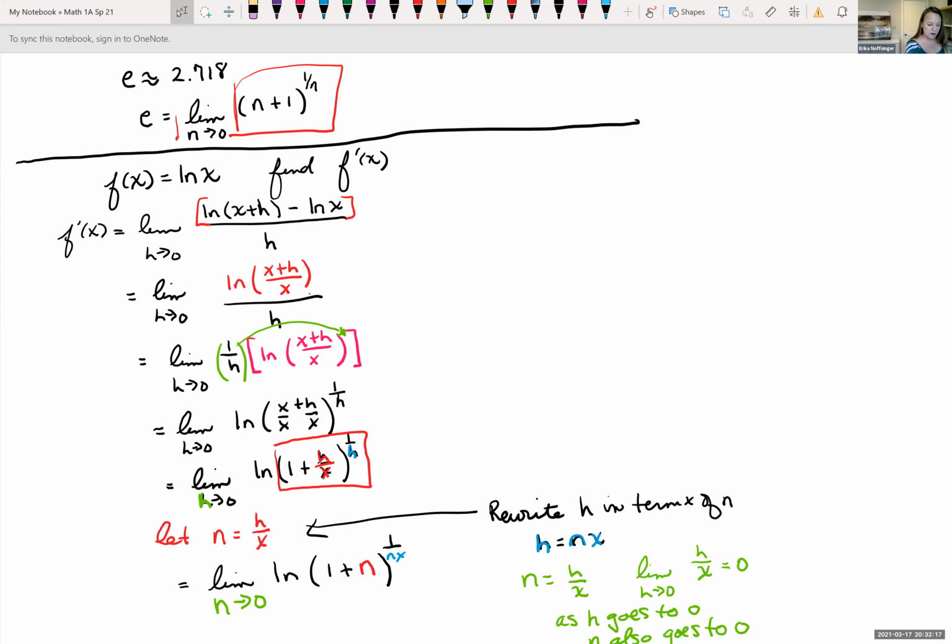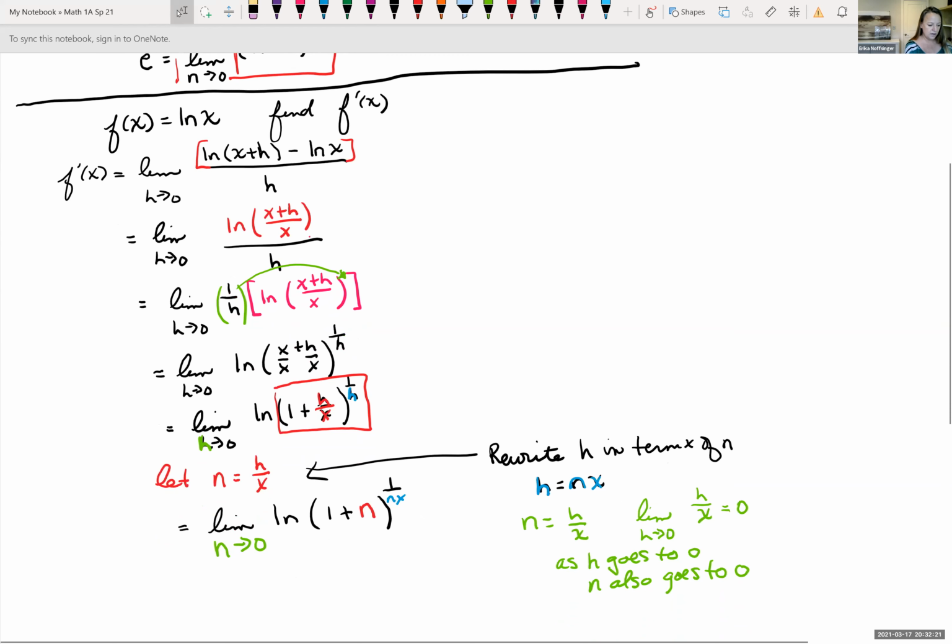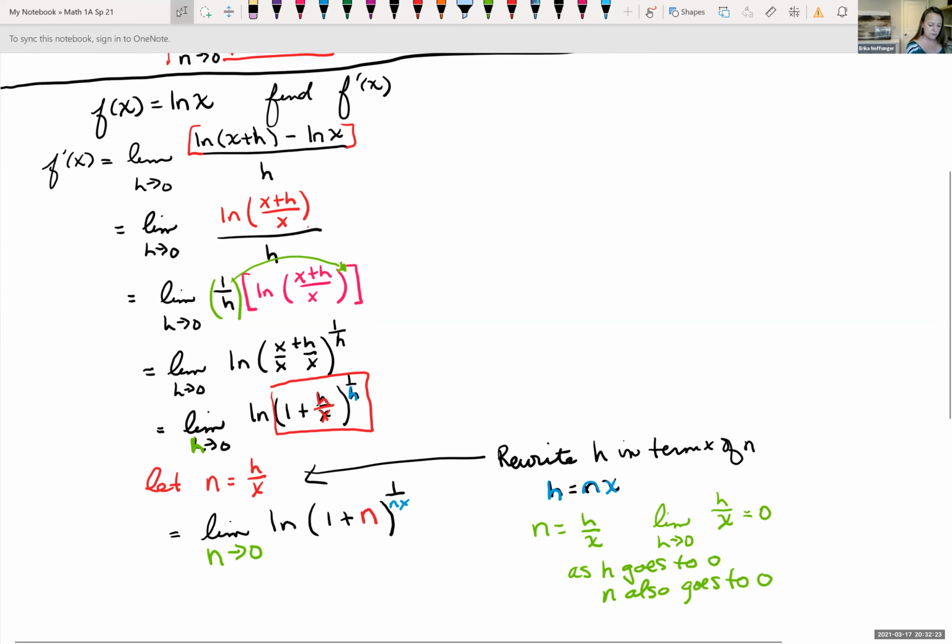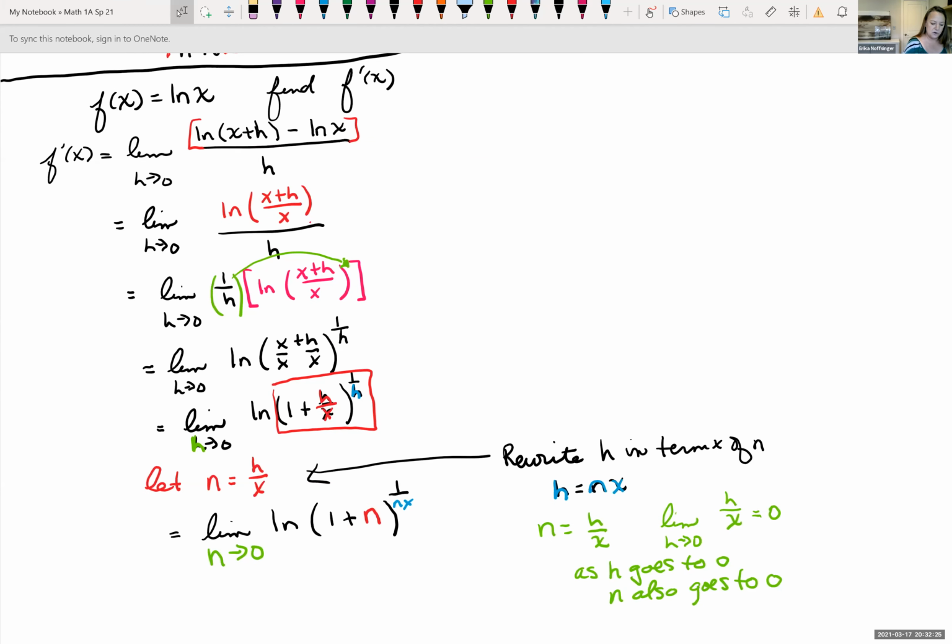This is where we're going to go back again and use some rules of logs to rewrite that. Notice that 1 over n times x in the denominator is the same thing as 1 over n times 1 over x.